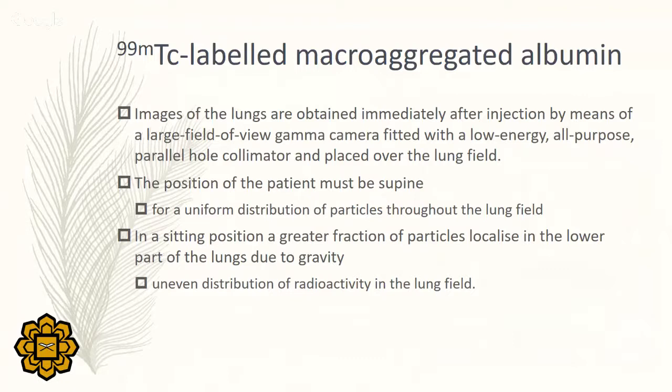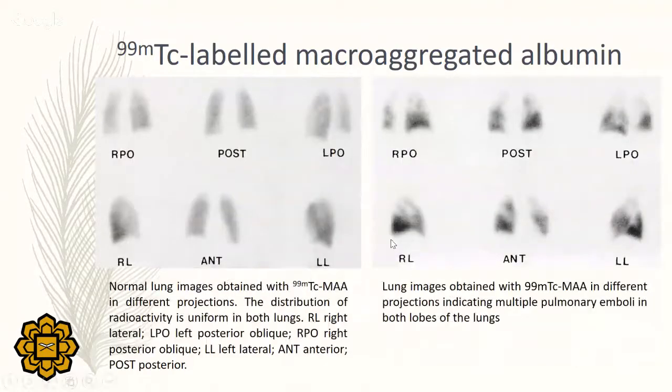So the image that we get might be misleading and you're not really getting a correct image, because you get most of the activity in the bottom of the lung. You don't know whether the particle activity in the bottom of the lungs is due to some disease or because of the sitting position. On the left side is the normal lung. On the right side, a patient with multiple pulmonary embolisms in both lobes of the lungs.